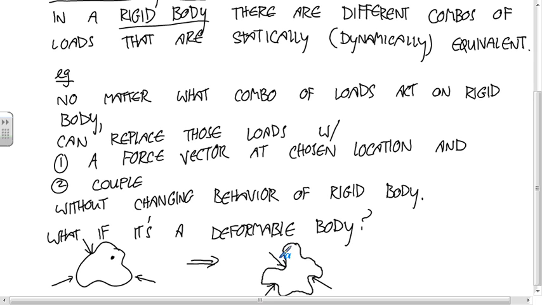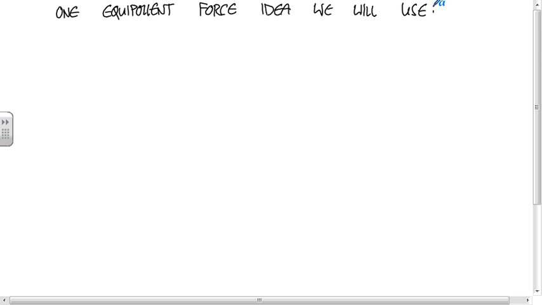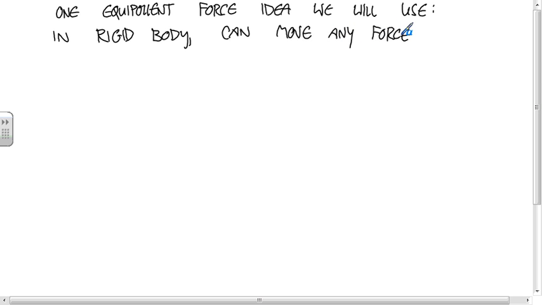The one thing that we are going to use, so one equipollent force idea that we will use, is that in a rigid body, you can move any force along its line of action without changing the behavior.